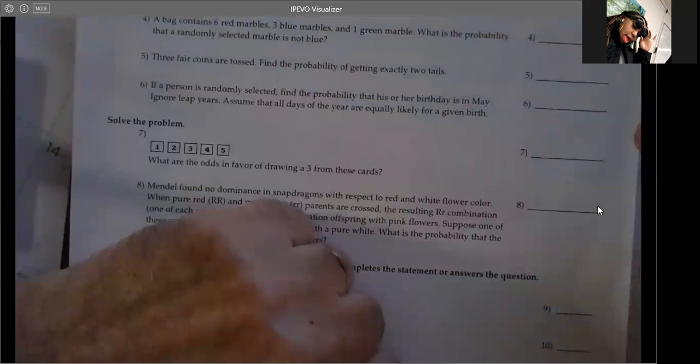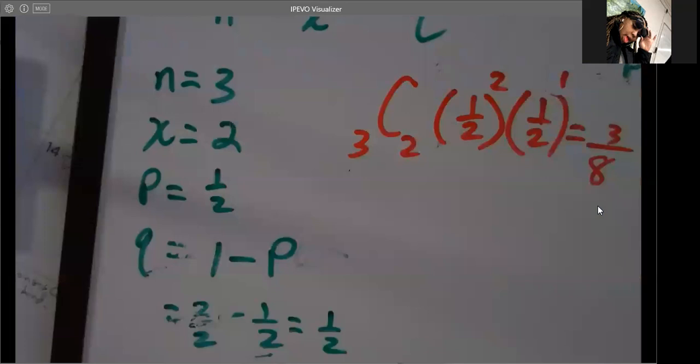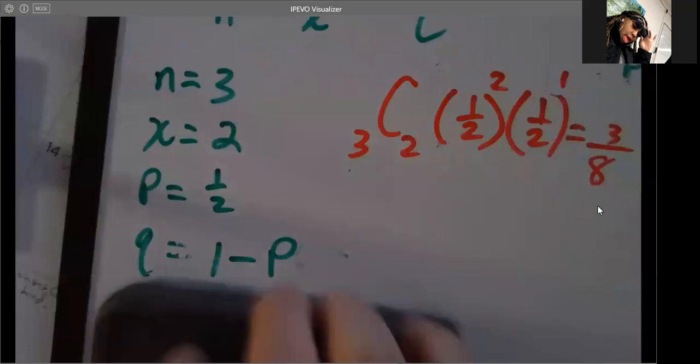So we've determined that May has 31 days in it, right? We want to know, for a person randomly selected, the probability that their birthday is in May. So the probability the birthday is in May is going to be the number of days in May over the number of days in the year.